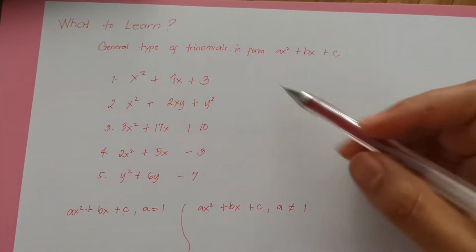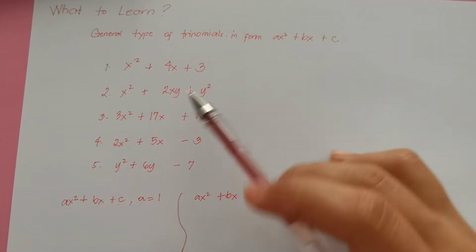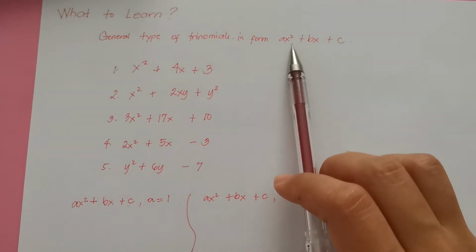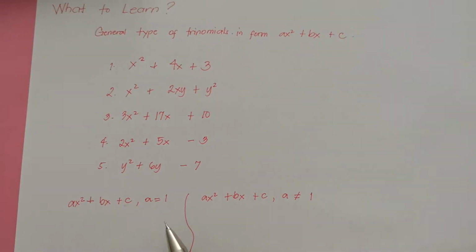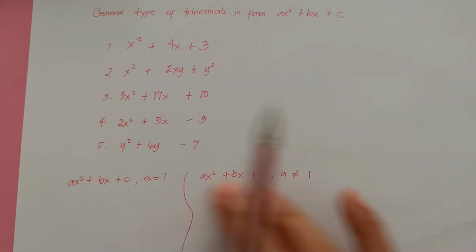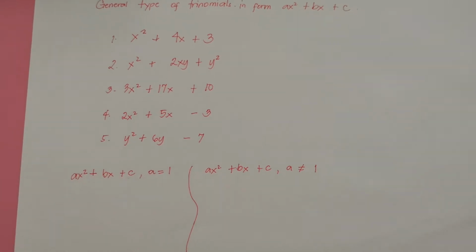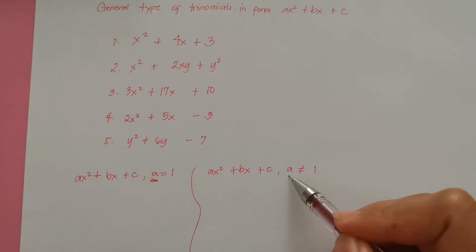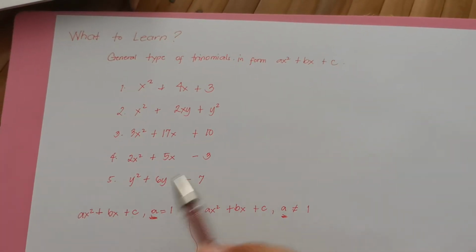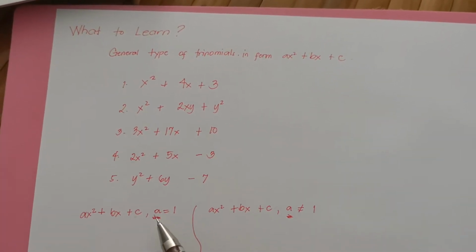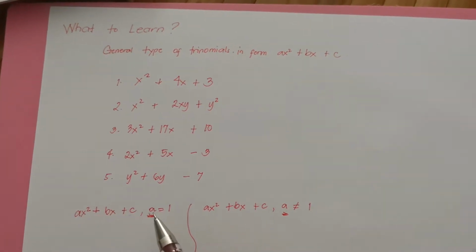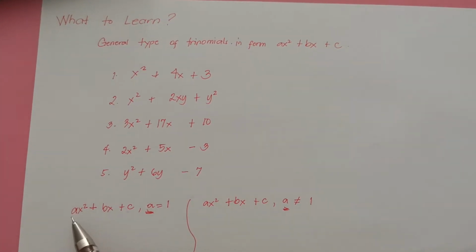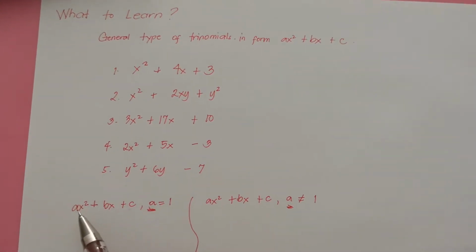So we've discussed these 5 examples are general form of trinomials in the form ax² plus bx plus c. What are these examples? All we have to do is to focus on a. Take note, a. A is the numerical coefficient of our x².